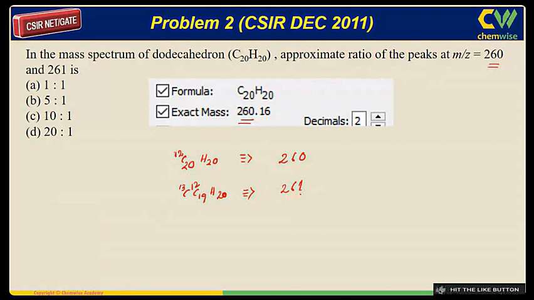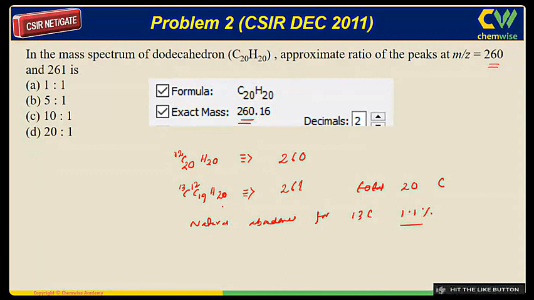If I ask you, we have total 20 carbon, and 1 carbon is 13C. What is the natural abundance for 13C? The natural abundance for 13C is almost 1.1%.